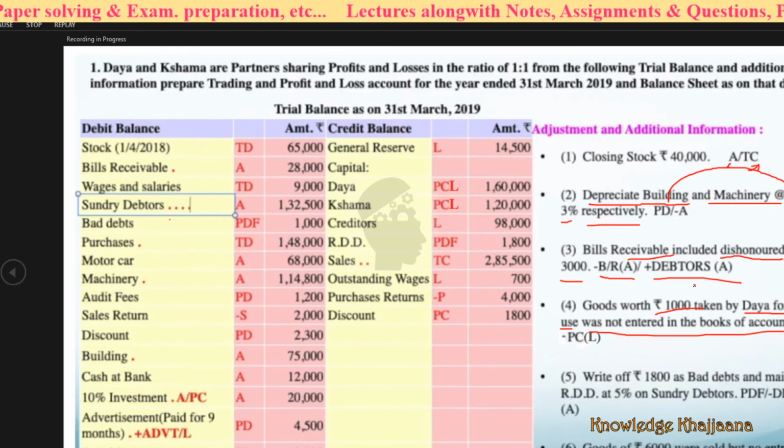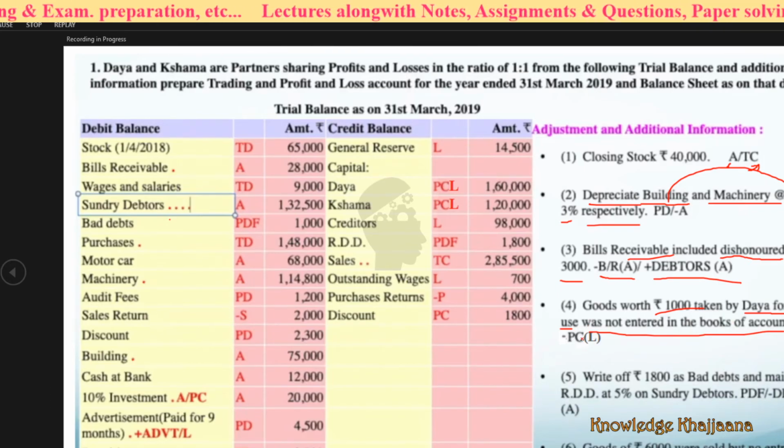That much of amount of goods of rupees 1000 will go to the trading account credit side, because what do we record to the trading account credit side? Goods, closing stock. That we hadn't recorded, so we have to add that much amount to the trading account credit side. And its second effect is on the partner's capital account. Who is the partner?